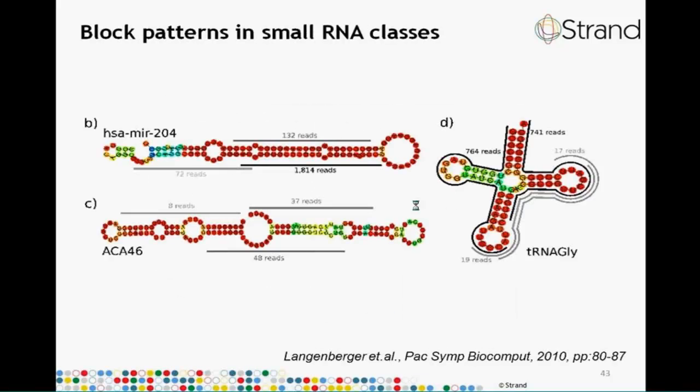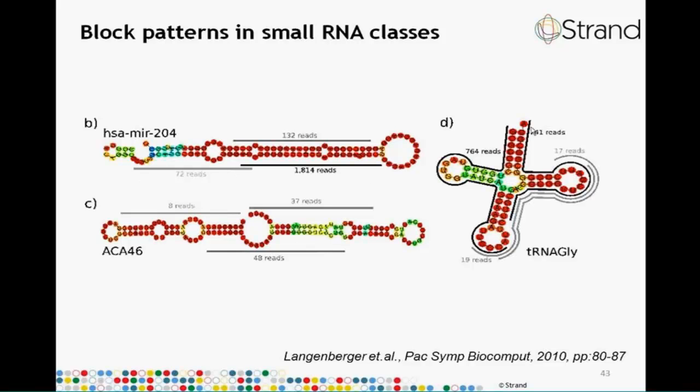The reason we do this detection of blocks is that different small RNA classes exhibit different block patterns. For instance, here we have 3 small RNAs, an miRNA, a tRNA, and an snRNA. If you look at the block structure, in the miRNA here, we have one block with 132 reads, which is well separated from a second very high block with 1814 reads, which overlaps partially with a much weaker block.